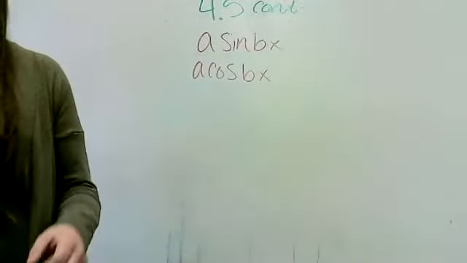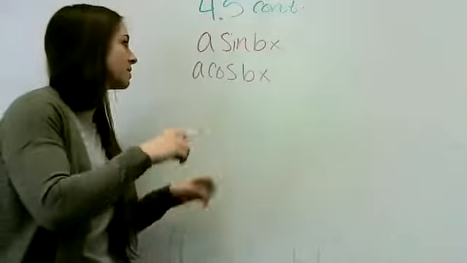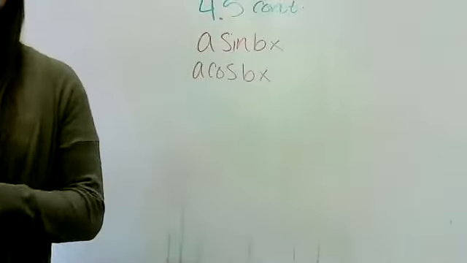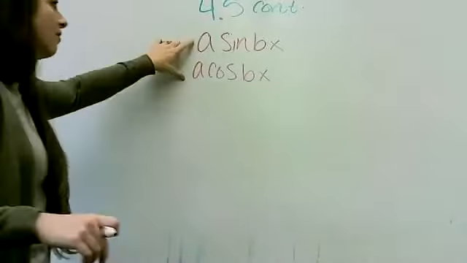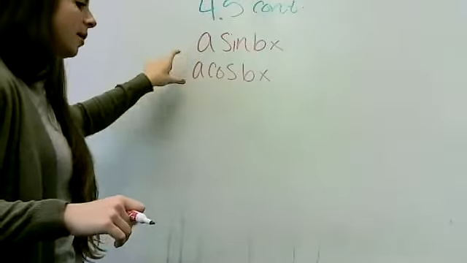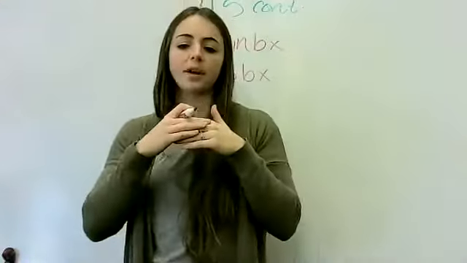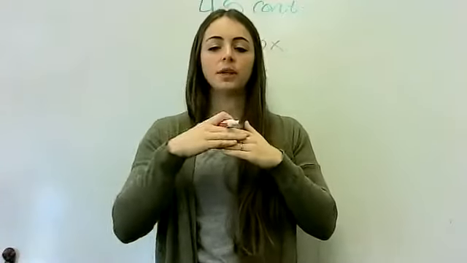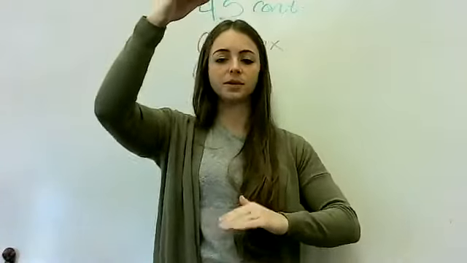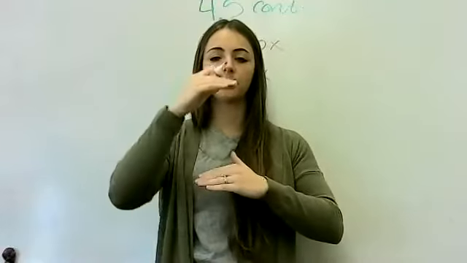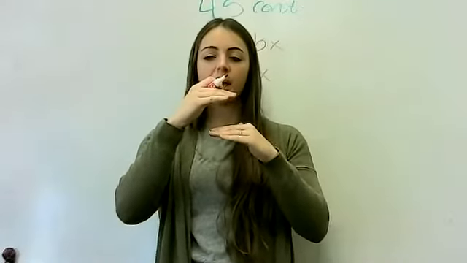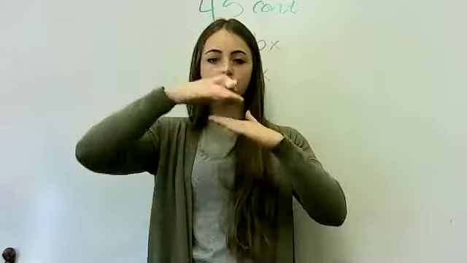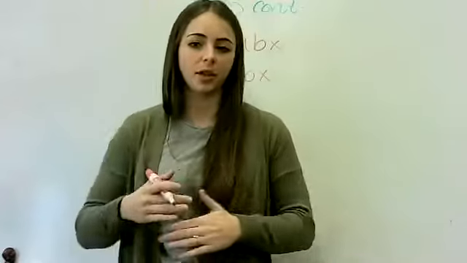So we're going to see this come in as sine b of x, cosine b of x. We already talked about this a value. That a value was the amplitude. As a reminder, if the a value is 2, now we go up 2, down 2. Say the a value is 1/2, we only go up to 1/2 and down to 1/2. So it either shrinks or stretches vertically with that one.